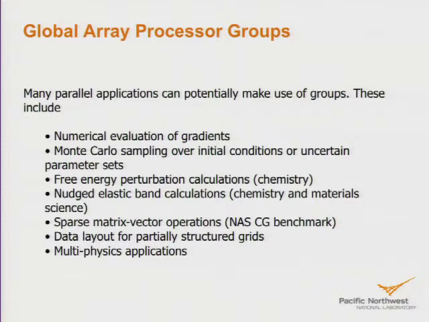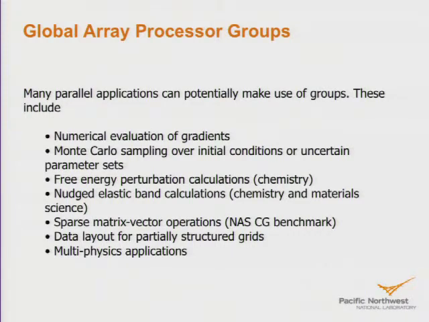We have process groups, which in MPI would correspond to being able to run calculations on subcommunicators in the system. It allows you to kind of decompose your complete set of calculations into multiple subgroups where you can run relatively independent calculations on each subgroup.